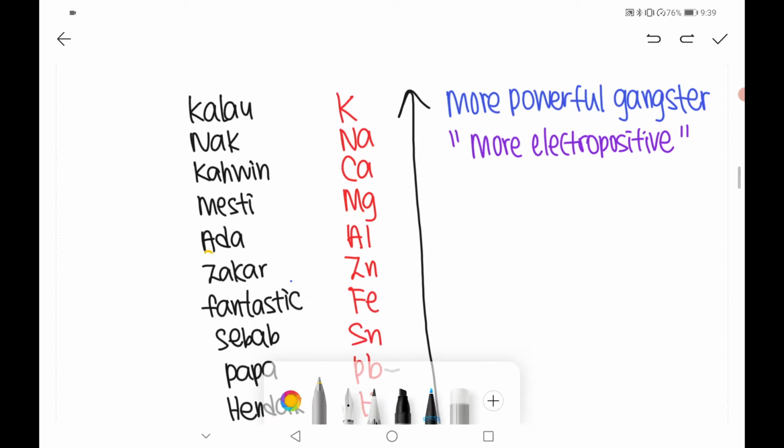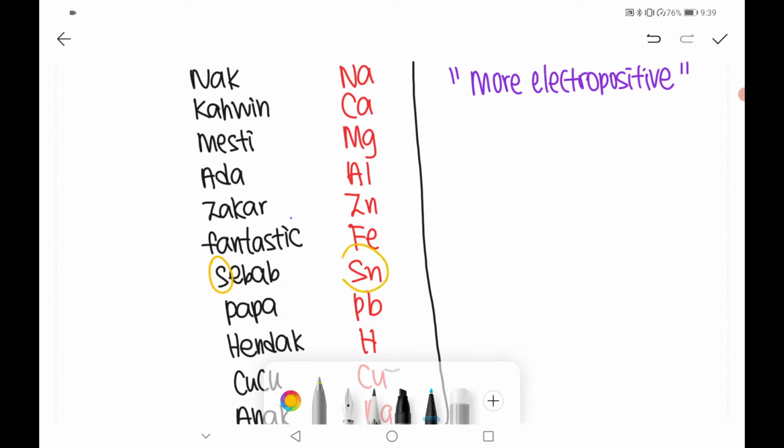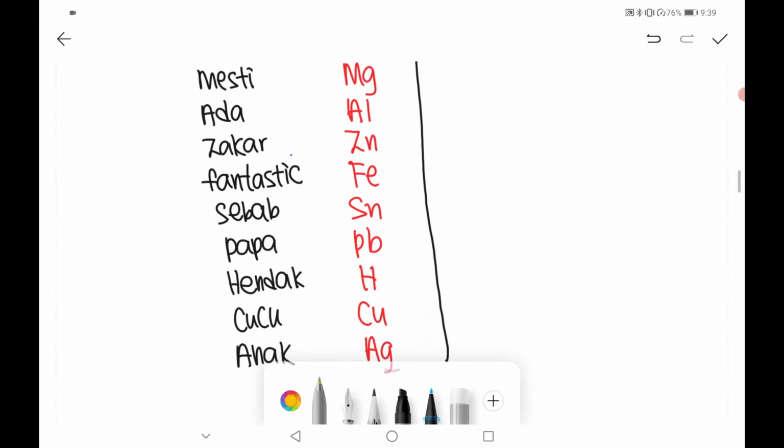The Z is zinc. Fantastic, the F here is Fe. Sebab, the S here is Sn. Sn is tin, which is very rare to be tested in SPM. In SPM, they seldom ask you about tin. The P here is Pb. Pb is lead.